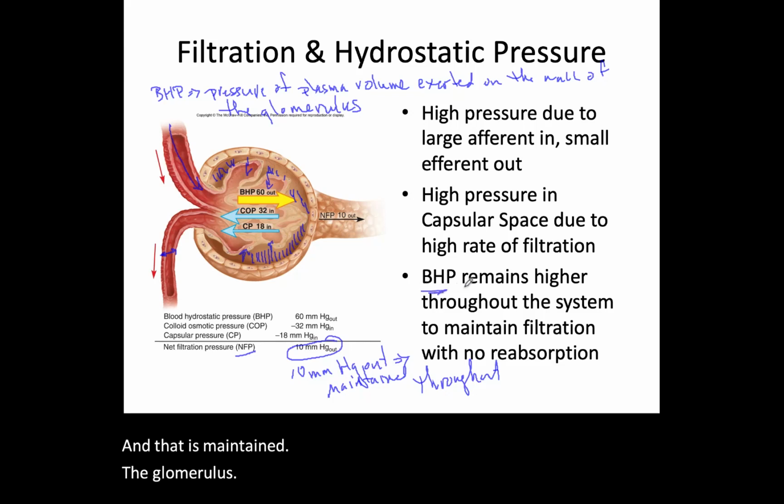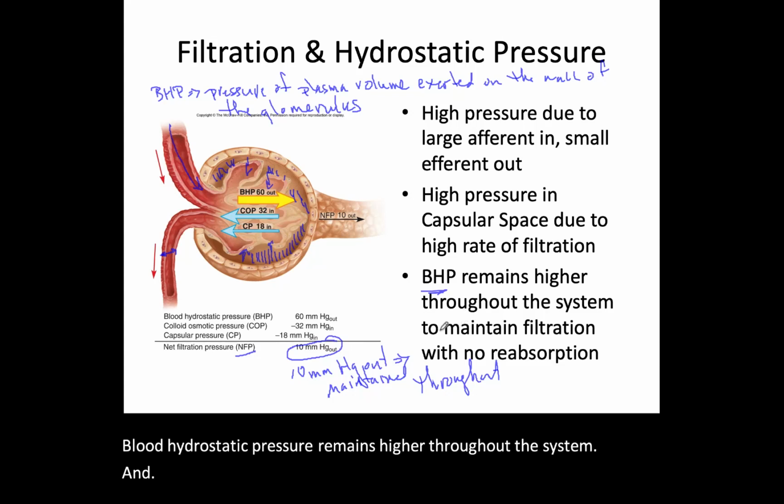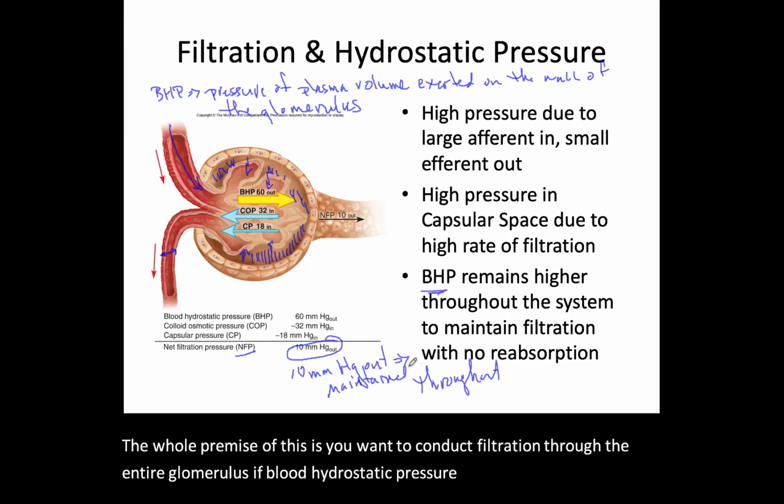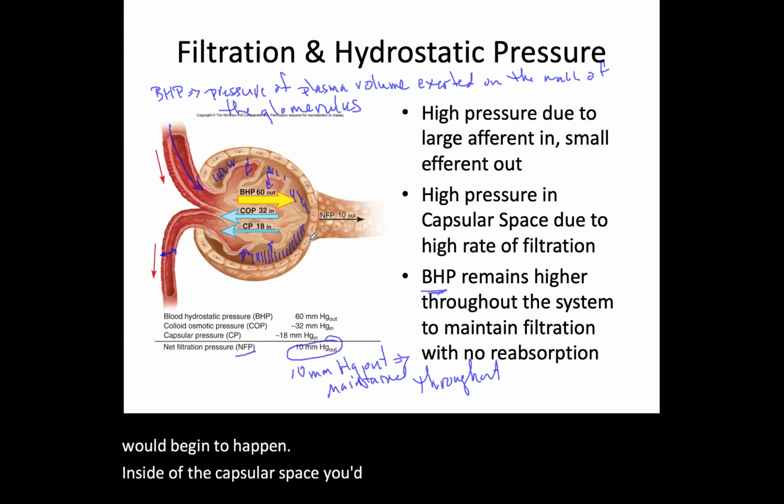Blood hydrostatic pressure remains higher throughout the system. And the whole premise of this is you want to conduct filtration through the entire glomerulus. If blood hydrostatic pressure was allowed to drop, what would begin to happen inside of the capsular space? You'd start reabsorption. You would start reabsorbing everything that you just got rid of.